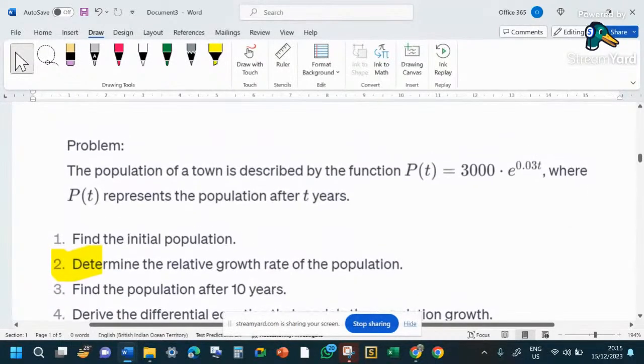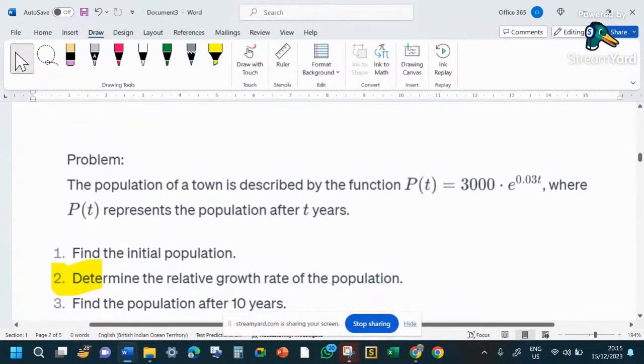Number 2, determine the relative growth rate of the population.